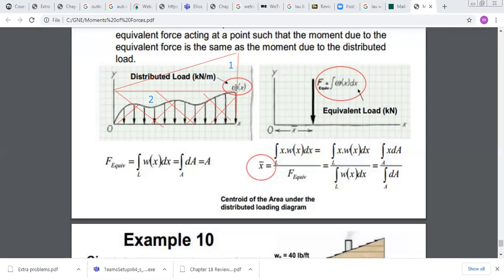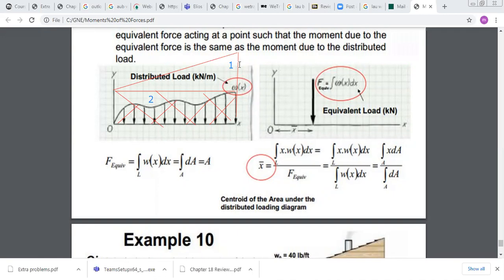But if we have a function w of x that is not simple, we can do integration to find the total force. Now, for the analysis of x bar, we said that to find the point of application of F resultant, we should write the equation that the moment created by the distributed load is equal to the moment created by this force.